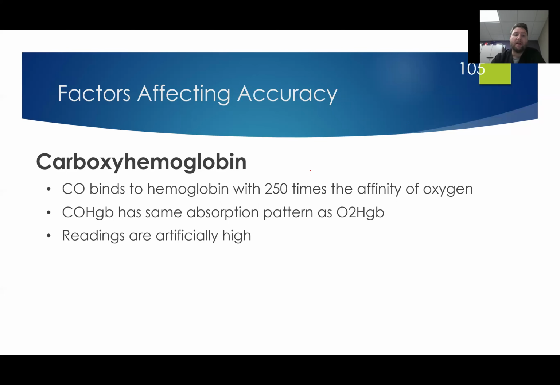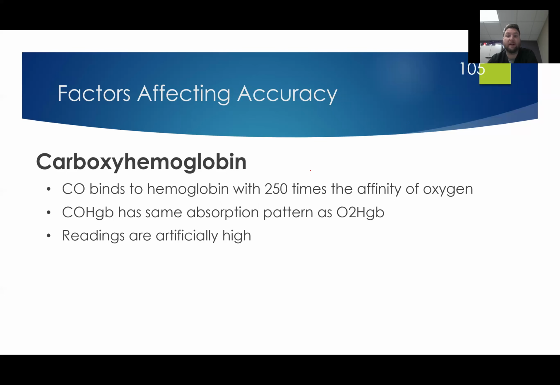And so it absorbs and reflects through the pulse ox exactly the same as oxyhemoglobin, which is normal hemoglobin that's saturated with oxygen. So it will tell you that the person is saturating fine when they're not really. I mean, they are saturated. Their hemoglobin is saturated with carboxyhemoglobin from the CO. So the pulse ox may be saying 100%, but 50% of that is carboxyhemoglobin.